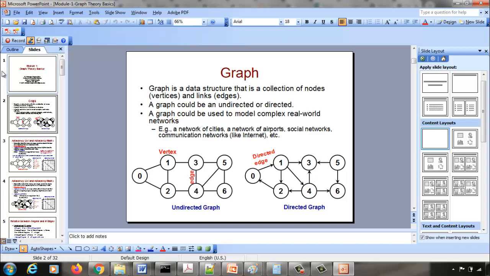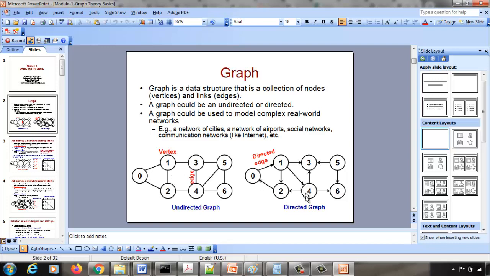So an undirected graph means the edges connecting the nodes are undirected. So again, the vertices are called nodes and edges are the ones that connect the vertices. If there is no direction for the edges, it means the communication or the interaction or relation is in both directions. So that's what an undirected edge means.